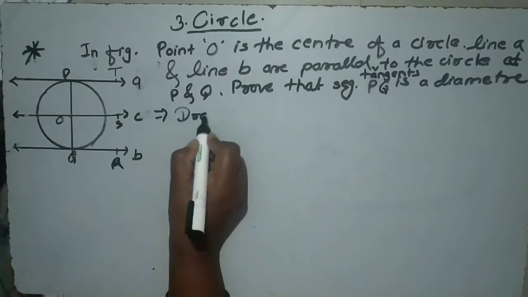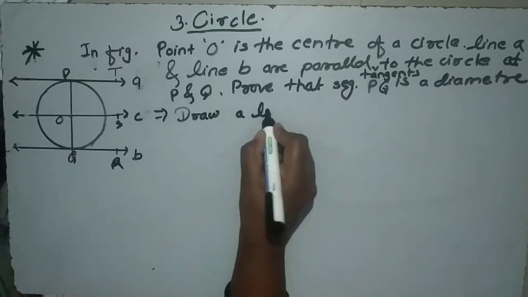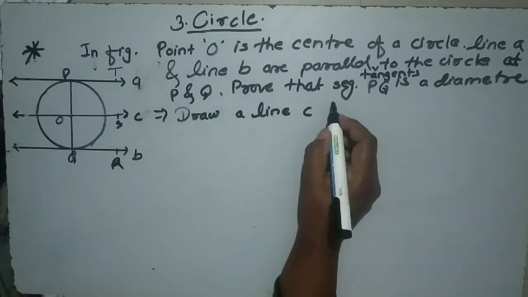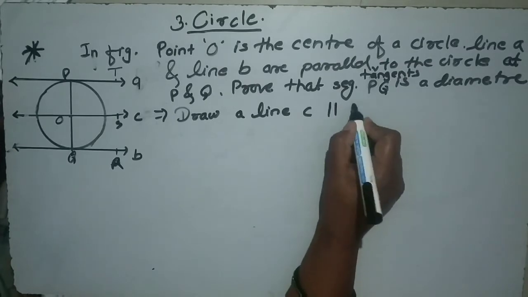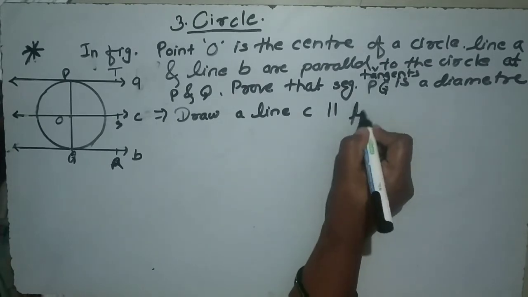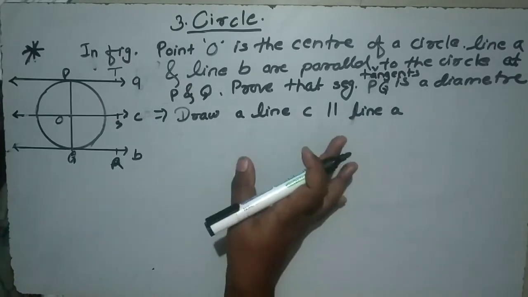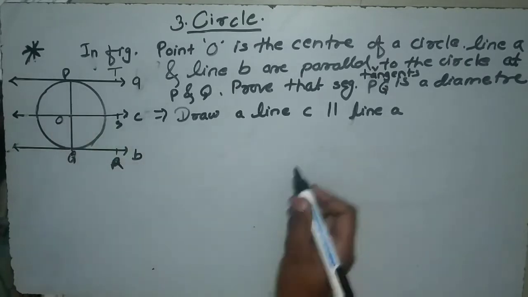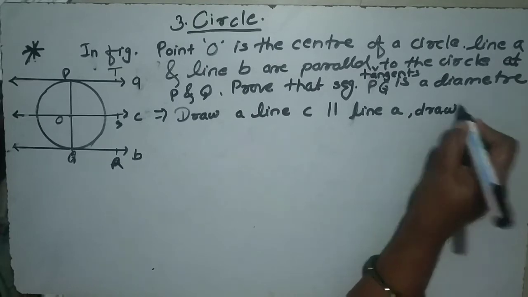Draw a line C which is parallel to line A. Then draw radii OP and OQ.